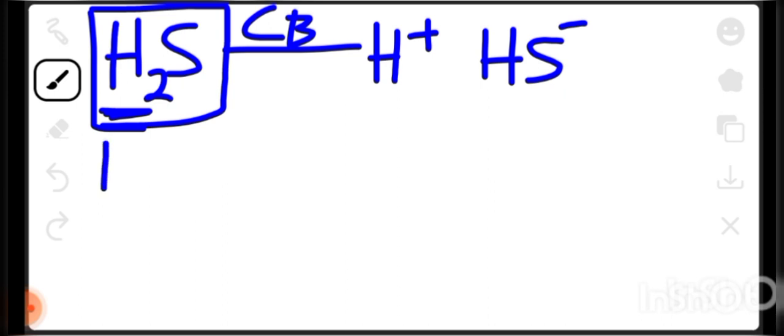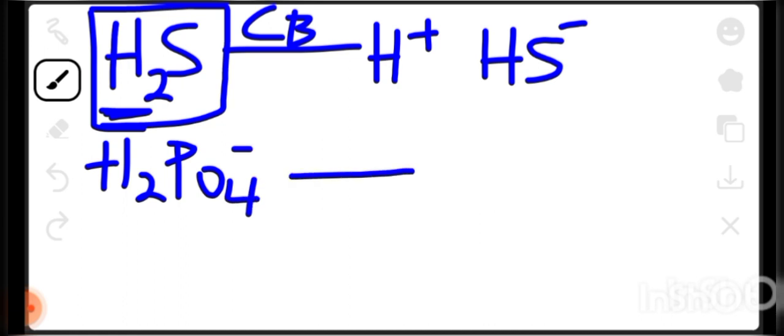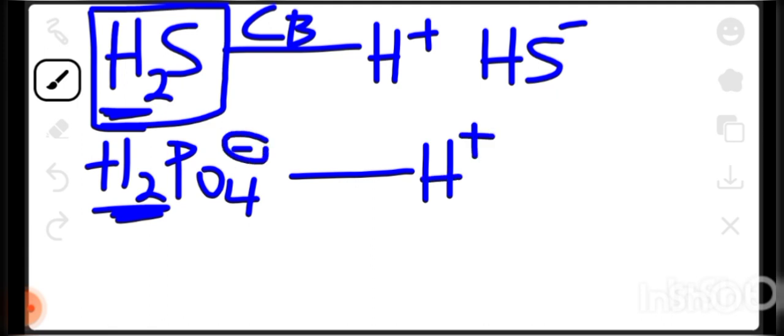So let's say we have H2PO4 minus. So the first thing, remove one hydrogen from here, which is H plus. Then you decrease this power by 1. If any compound was already having a power before, if you just remove one hydrogen, what you do is remove one from the power. Just decrease it by one.